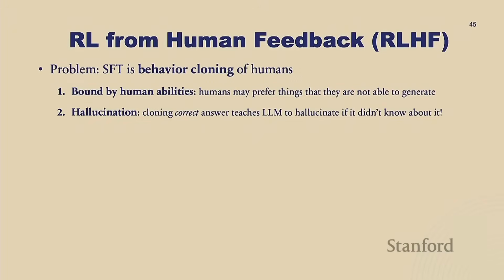Issue number 2, which I find pretty interesting: if you've ever heard of the word hallucination, this is LLMs generating false information. People have hypothesized that hallucination can come from supervised fine-tuning, even if you do it on data that is correct.